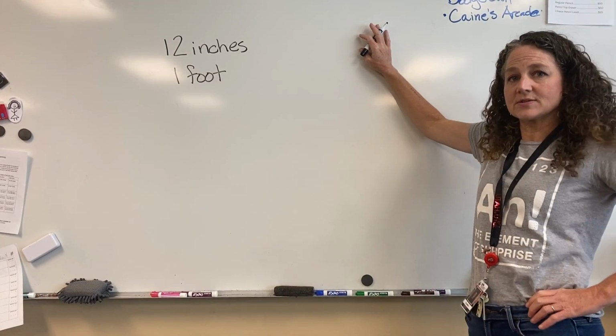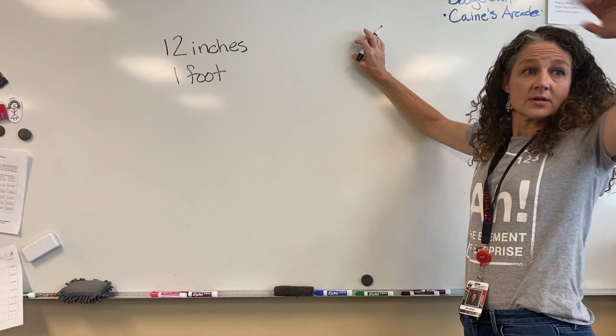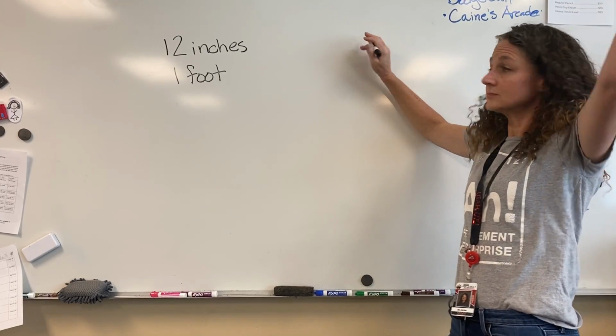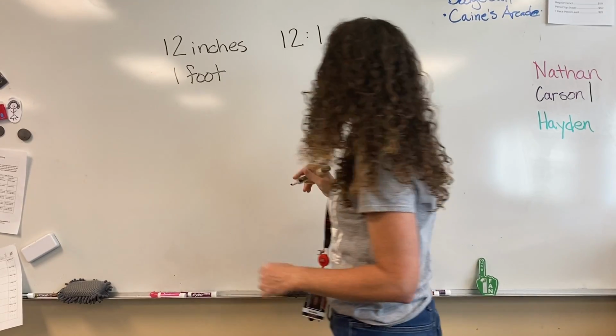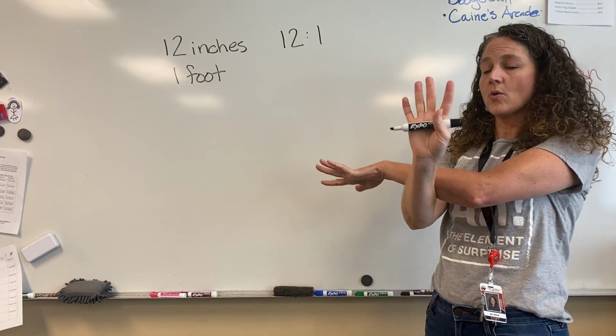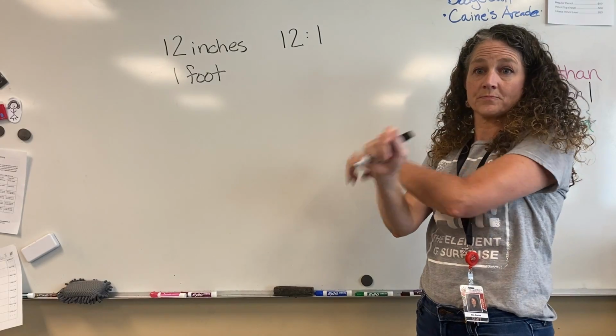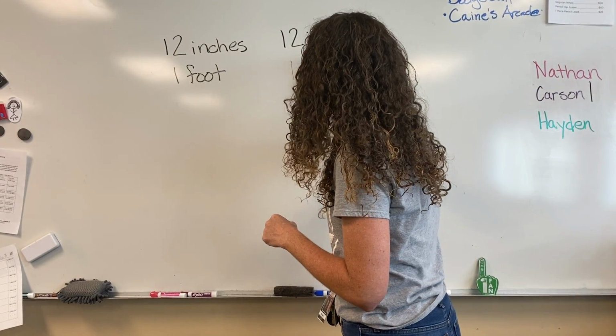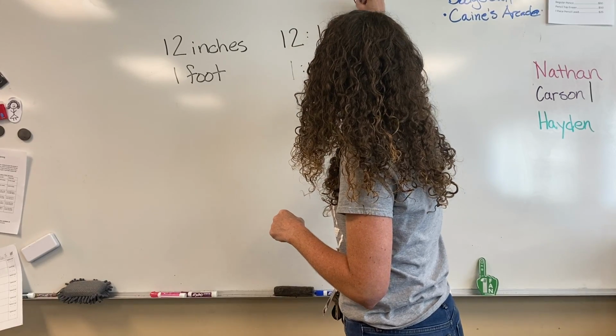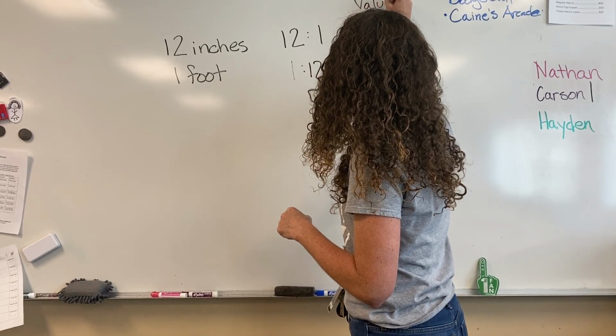How do I write that as a ratio? Hannah: 12 to 1. There are 12 inches to 1 foot. Or, what if I write it as foot to inches? 1 to 12. So what's the value of these ratios?